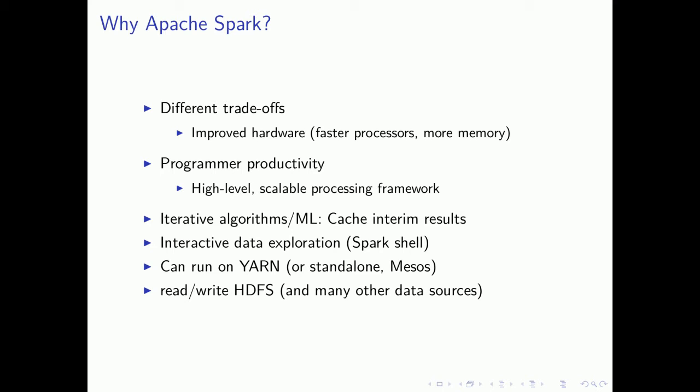I.e., it was read from disk somewhere, and then I applied all these transformations to it, and that's how I got to that partition. If that particular partition goes down, I'm just going to recompute it from scratch, either all the way from where it was stored, or it has many different input sources. That's my redundancy there, and we'll see that a little bit with the Resilient Distributed Dataset.